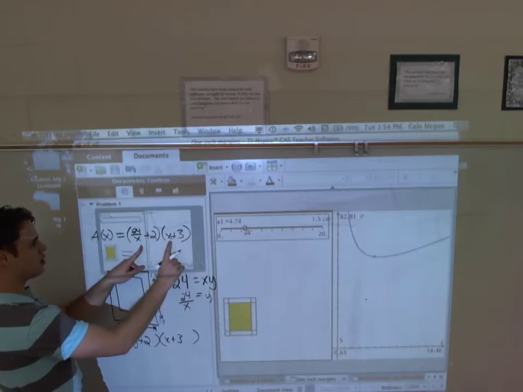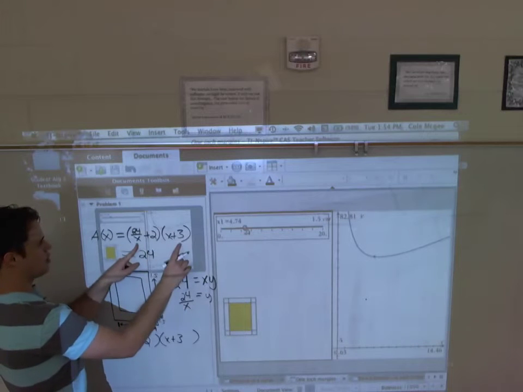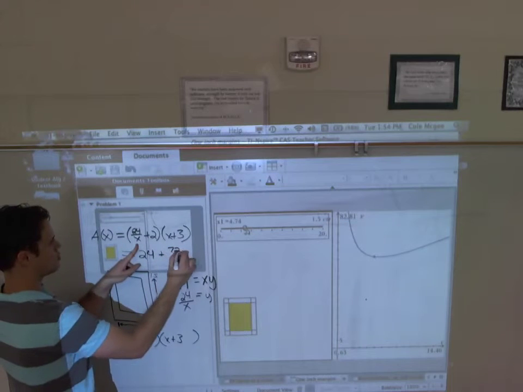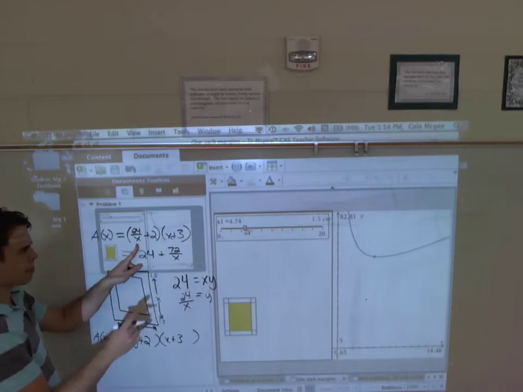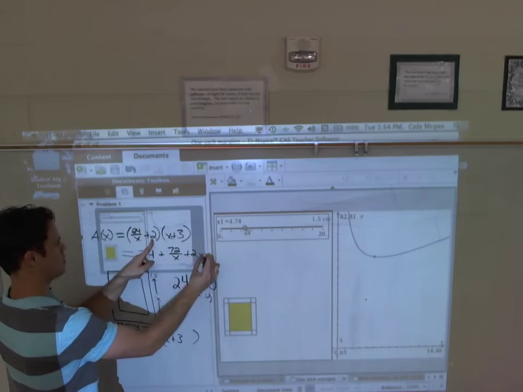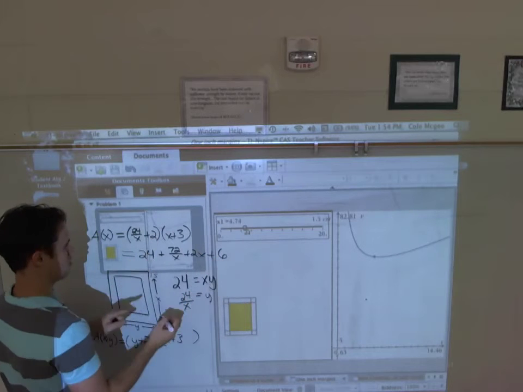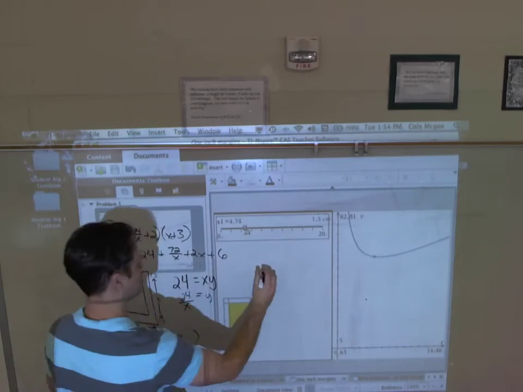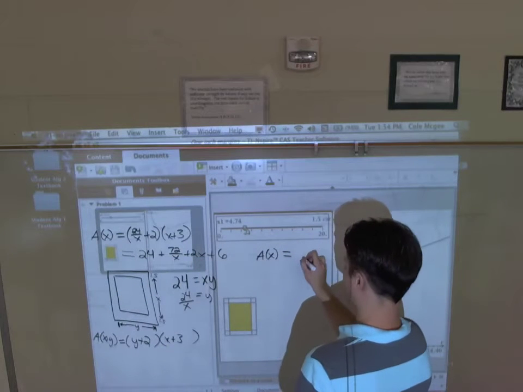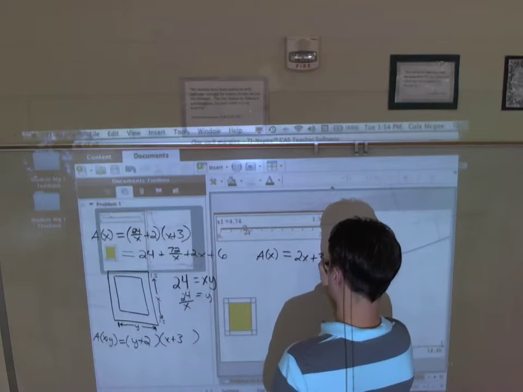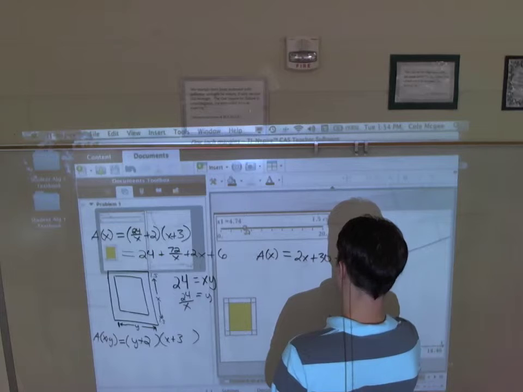So this is going to be 24, and then we've got 72 over x. It's 24 times 3, 72? Yeah. And then we've got 2x, and then we've got 6. So we can put those together, and we can say our function is going to be 2x plus 30 plus 72 over x.